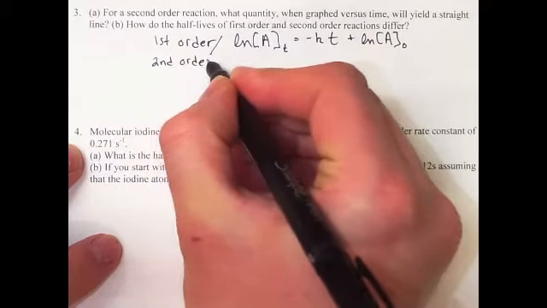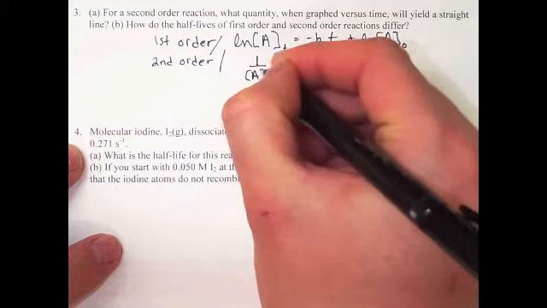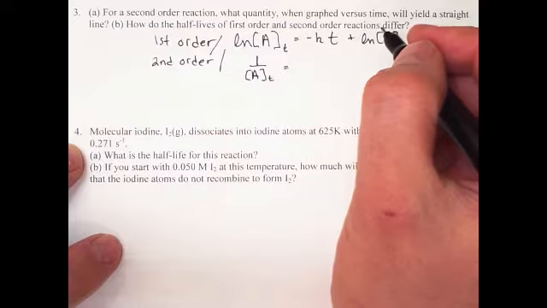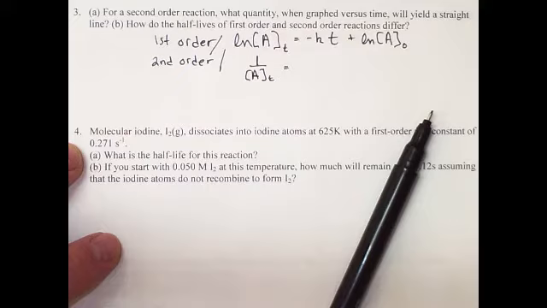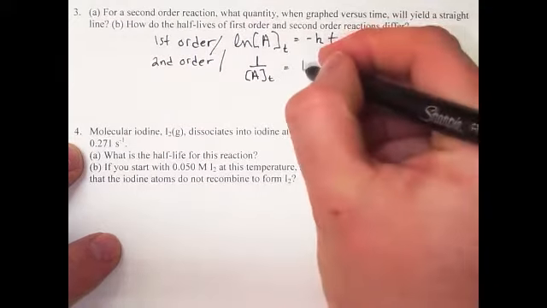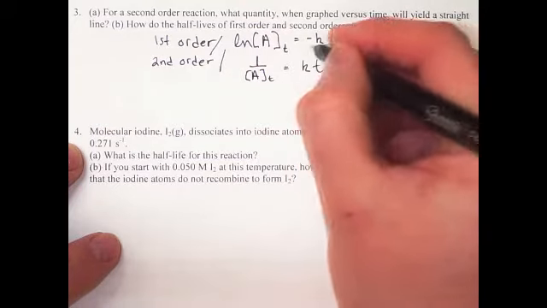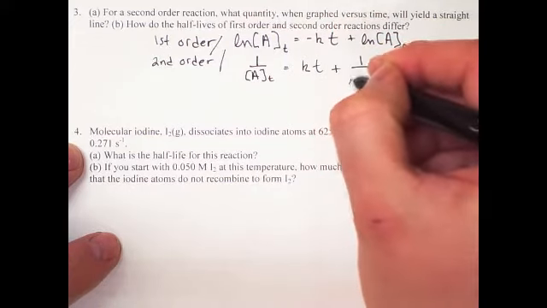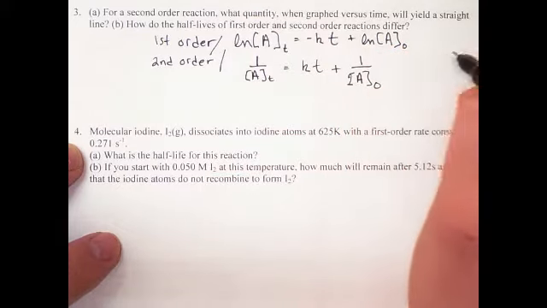For the second order rate law, we have 1 over the concentration of A at a particular time, and it's going to change a little bit on the other side. So instead of just negative K, it's K T. So it's the same, just a slight change. And then the intercept is 1 over the concentration of A at the initial time.